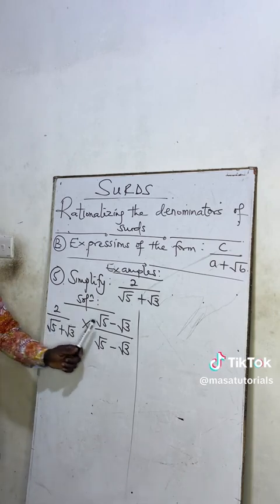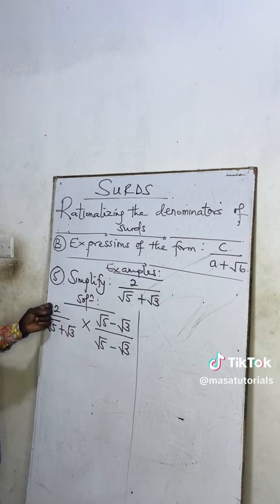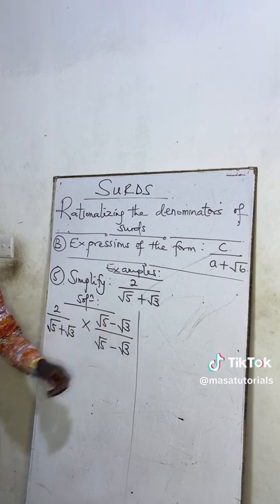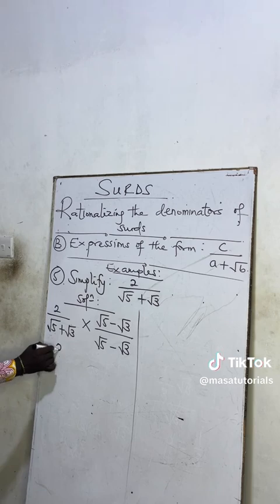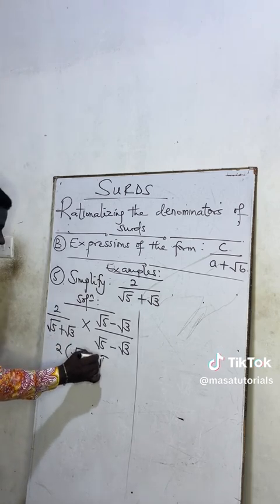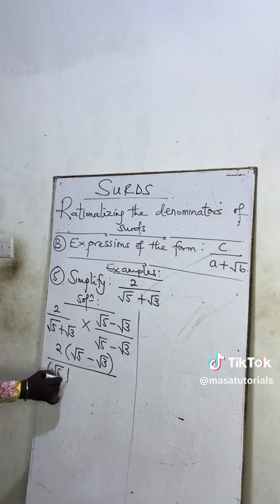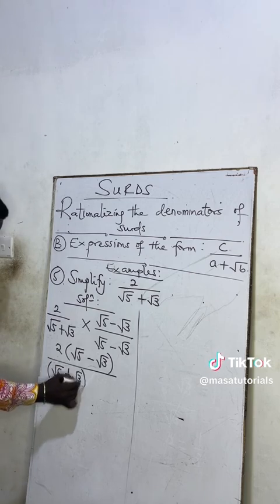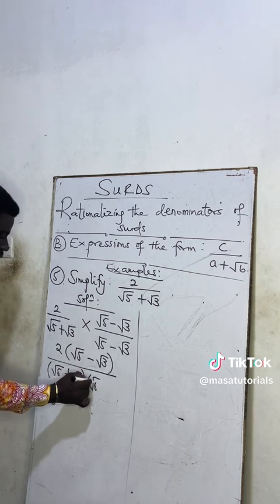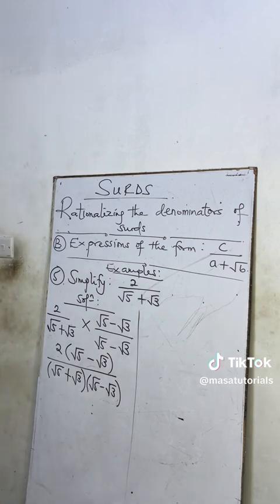We use that to multiply. So now, we've done that. So multiplication of fractions: numerator will multiply numerator, denominator will multiply denominator. So we have 2 times square root of 5 minus square root of 3 all over square root of 5 plus square root of 3 times square root of 5 minus square root of 3.